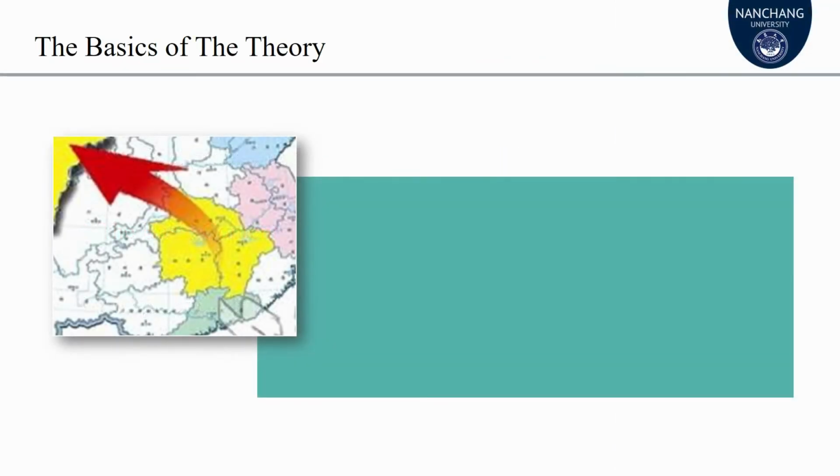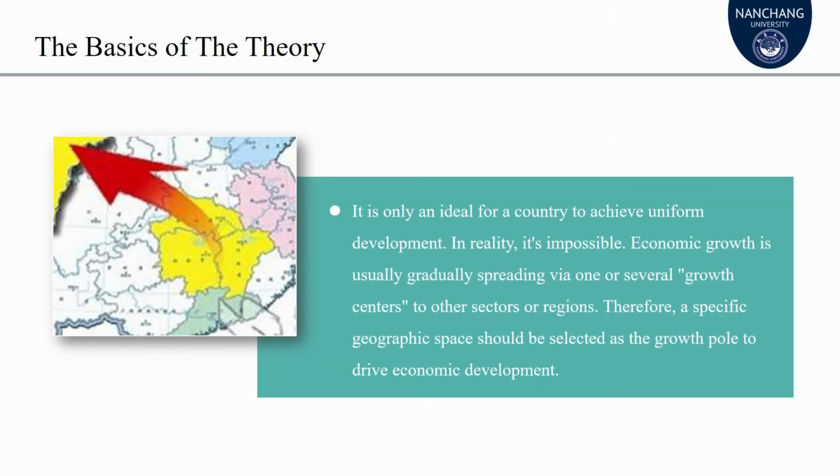The growth pole theory put forward by the French economist Perroux in 1950 is believed to be the cornerstone of the economic regional concept in Western regional economics and one of the fundamentals of the unbalanced development theory. The theory of growth pole states that it is only an ideal for a country to achieve uniform development.